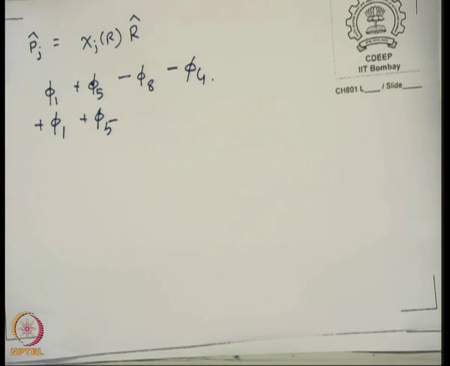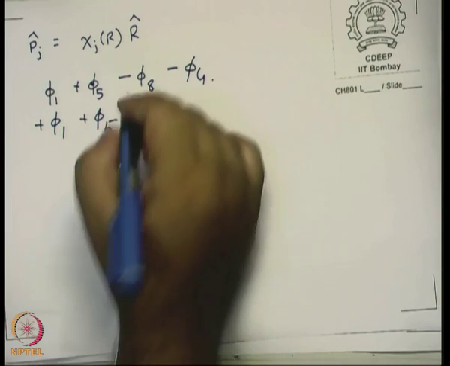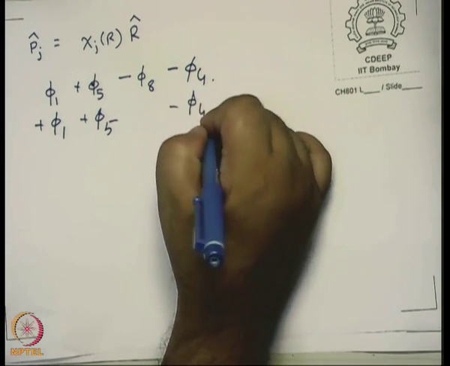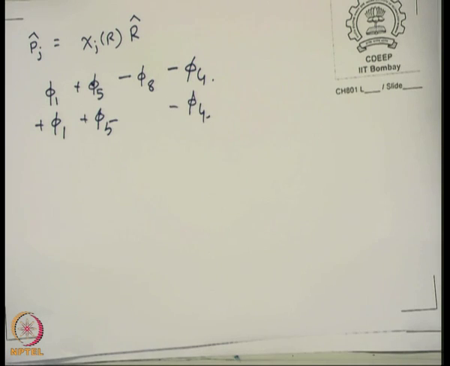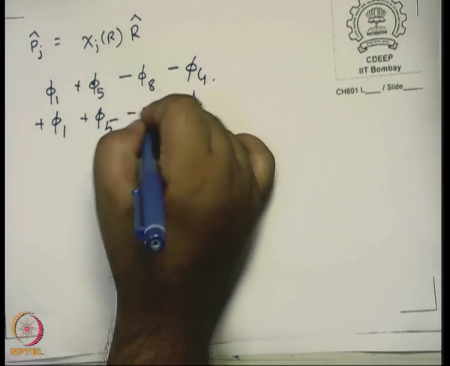Then we have sigma xz operating on phi 1. Plus phi 4 or minus phi 4? Plus phi 4 multiplied by minus 1 is minus phi 4. So, it is important not to get these wrong. And finally, sigma yz on phi 1 gives you phi 8, but then it is multiplied by minus 1, so minus phi 8.